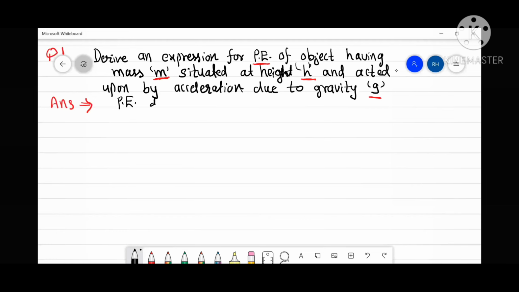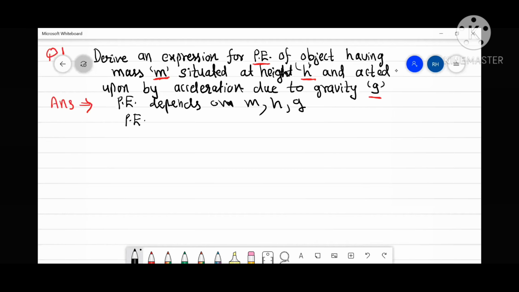Potential energy depends on three parameters: mass, height h, and acceleration due to gravity g. In the equation we will write that it depends upon the three parameters, but how it depends, whether directly proportional or inversely proportional, we don't know.